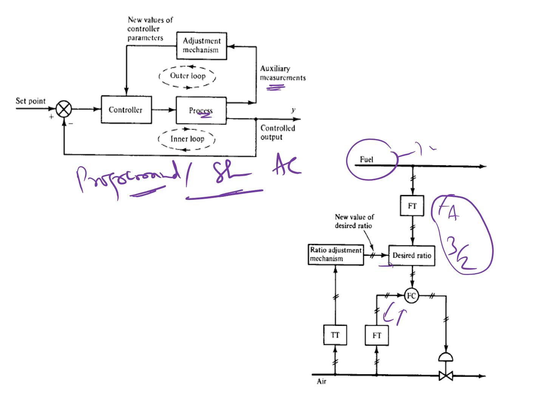In this, the outer loop includes parameter adjustment. Parameter adjustment means here you have some parameters like x1, x2, x3 and T squared, like that. T we cannot change, but we can change x1, x2.